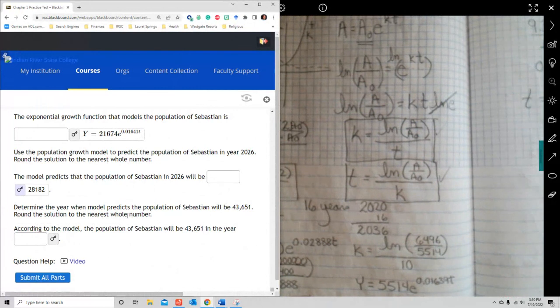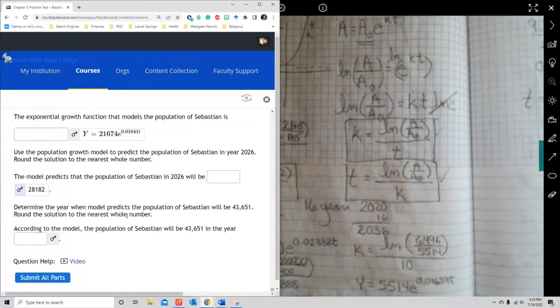So you do the same thing right now if you wish to follow. We're aiming to please here. Let's go ahead and put that in there. The initial population is the 21,674. The projected value that they're looking for is 43,651.